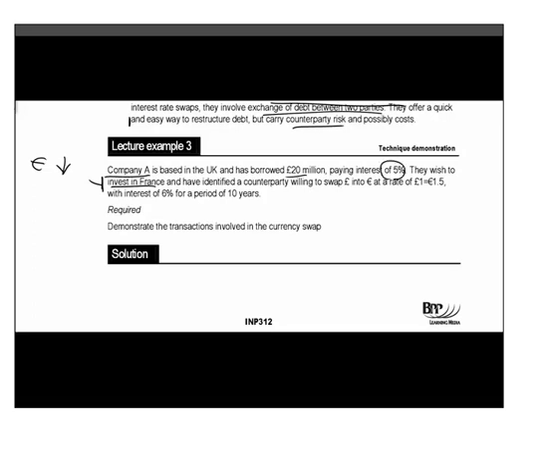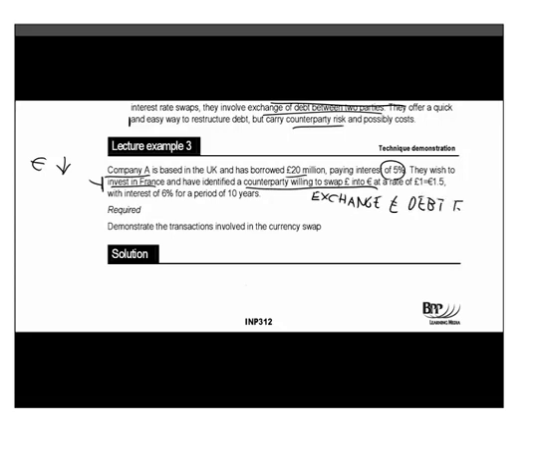So if the euro goes down, they can't actually service their sterling debt. How can they protect themselves against this risk? Well, they have a counterparty who is willing to swap the pounds into euros. In other words, they can exchange their sterling debt for euros.